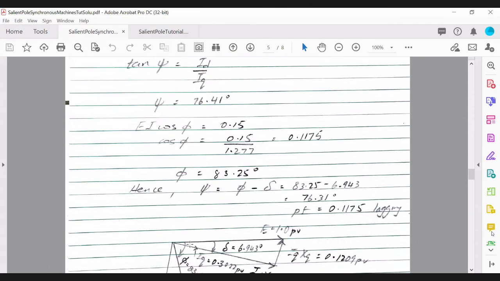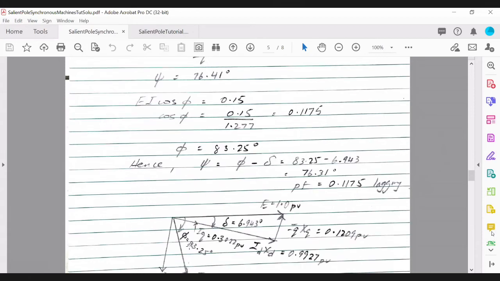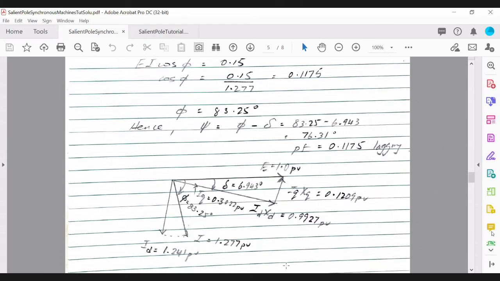Okay, so as you can see now, when you take the difference between phi and delta, you end up with 76.31 degrees, and hence what it's telling you is the motor is operating at... So you can determine the power factor of the motor.